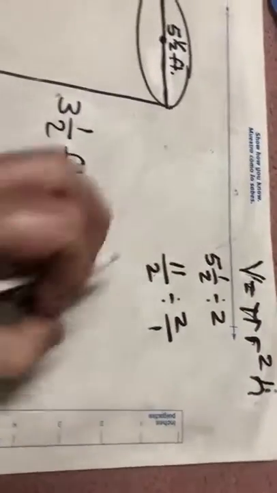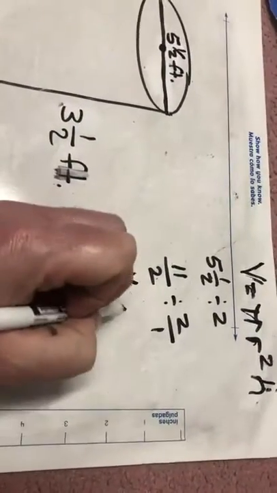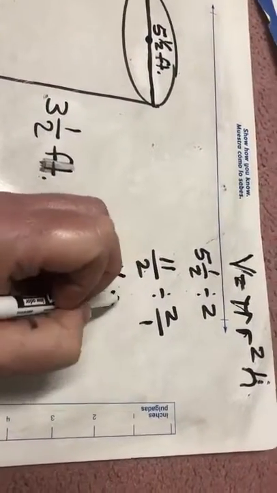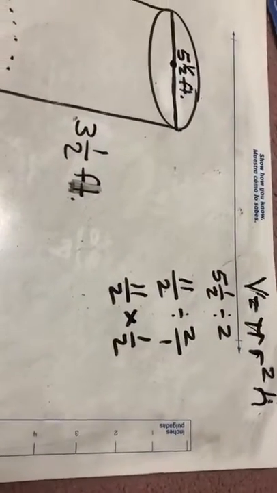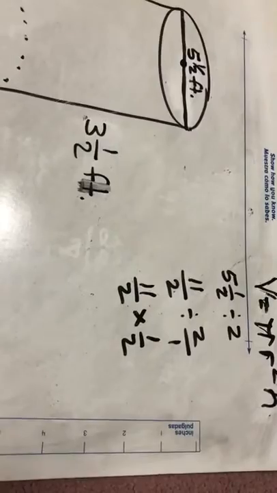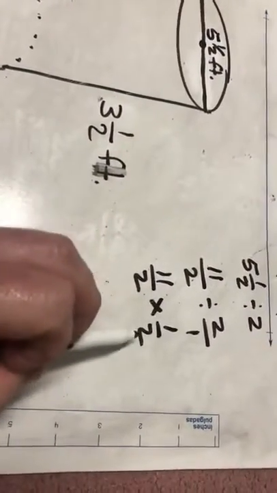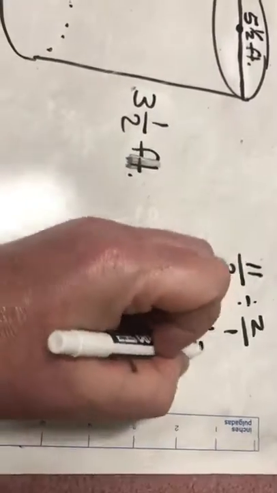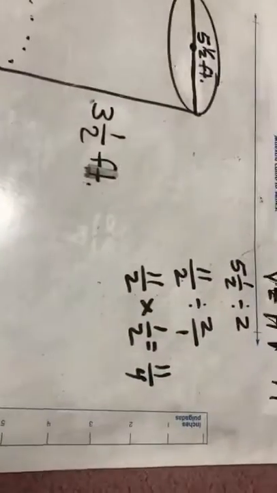But remember, when I'm dividing fractions, the first fraction stays the same, and I change the division to a multiplication sign, and the second fraction makes the reciprocal, times 1 over 2. You're going to need to remember that. There's no cross-checking that can happen between a 2 and a 1 and a 2 and an 11. So I just go ahead and multiply, and I get 11 over 4. All right?